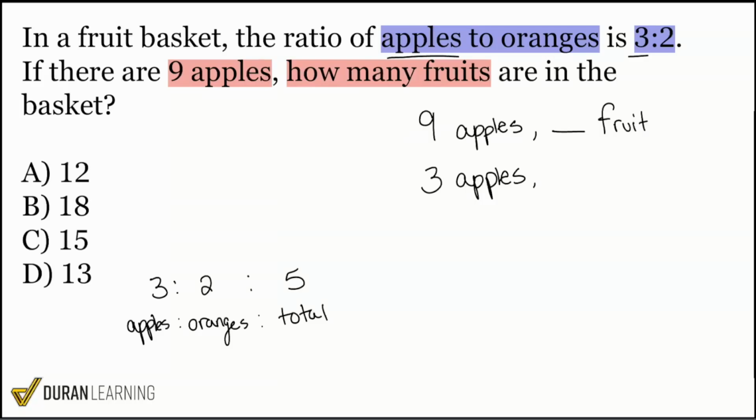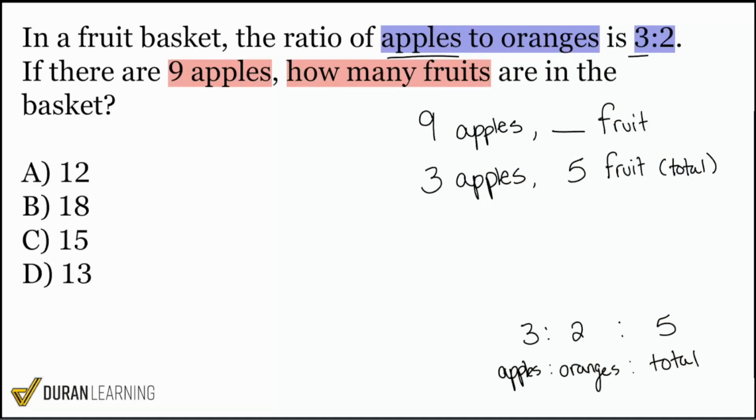It's 5 total parts is what represents in that ratio. 5 fruit or total is what we have there. Do we now have the proper setup to solve this problem? Do we now have it? Oh yeah, we absolutely do. We're good to go.